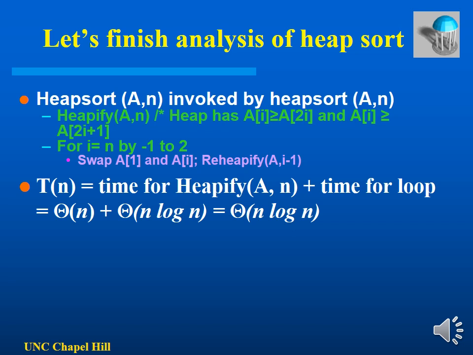So the overall time for heap sort is theta of n log n, at worst. Comparing this to insertion sort and quicksort, we see that both of those have worst cases theta of n squared. And so heap sort, in worst case, is faster than both insertion sort and quicksort.